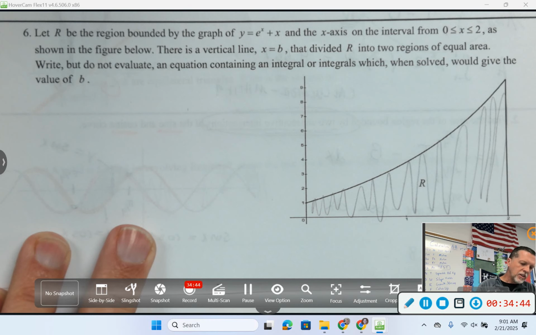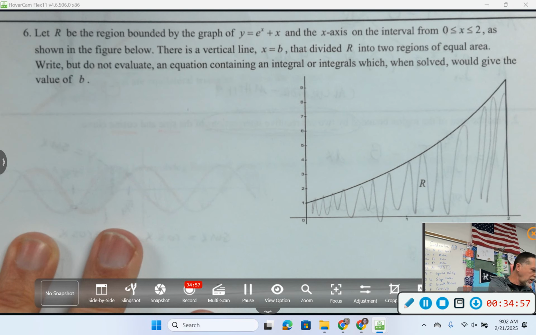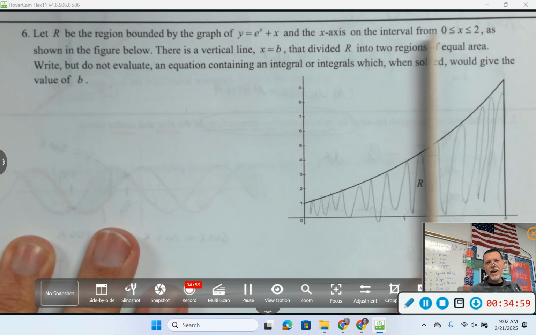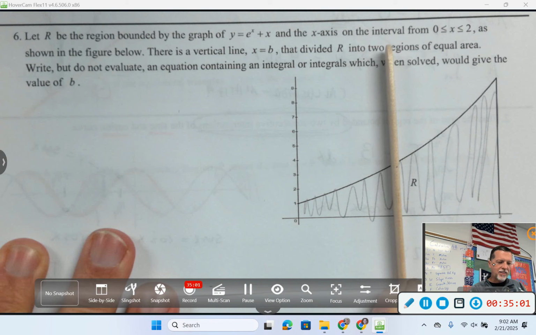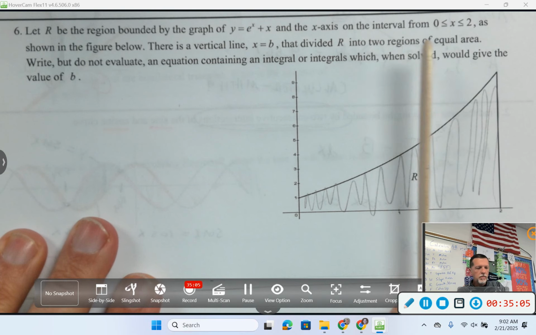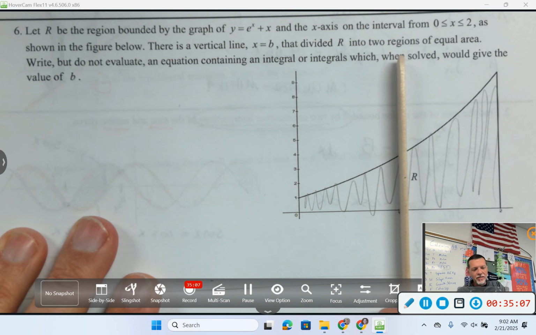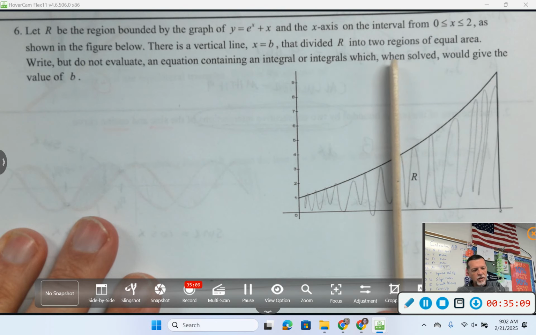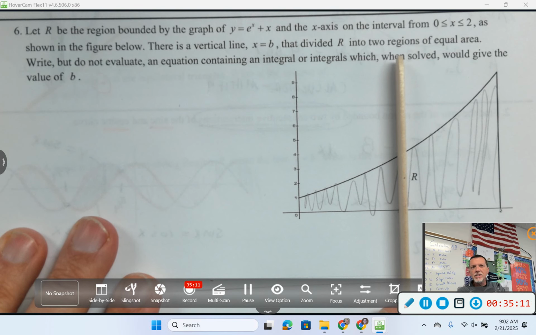There is a vertical line, x equals b, that divides R into 2 regions of equal area. So somewhere there's a line that divides that area into 2 equal areas. Just by looking, can you tell if that line's going to be bigger than 1 or less than 1 or at 1?